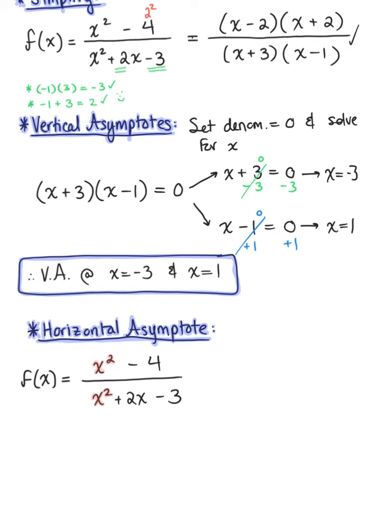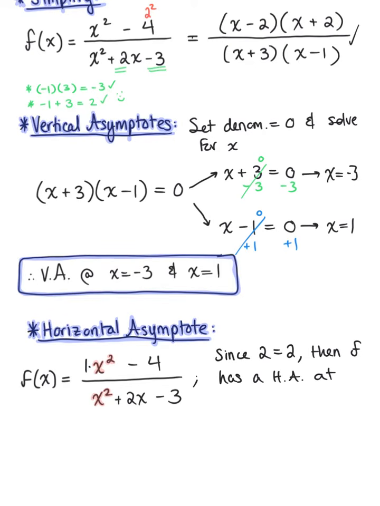Since the degree in the numerator, 2, is equal to the degree of the denominator, 2, the function f has a horizontal asymptote at the ratio of the leading coefficients. Looking at the leading term x squared, we could equivalently write this as 1 times x squared.